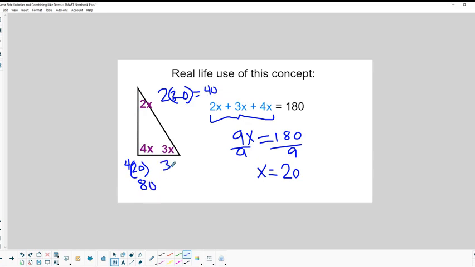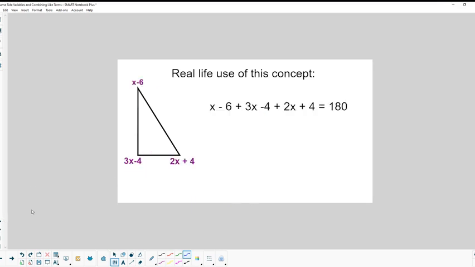And 3 times 20 equals 60. And 60 plus 80 plus 40, the three angles that I just found out, all combine to give me 180 degrees. So very powerful concept and very fun to use in this context.